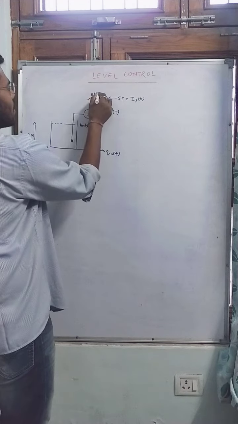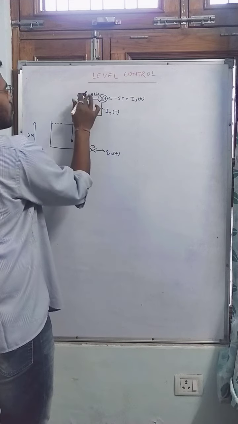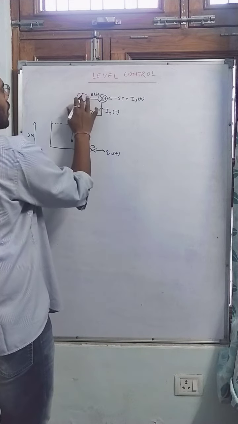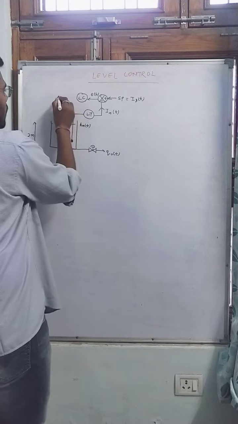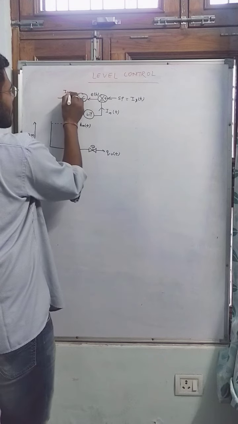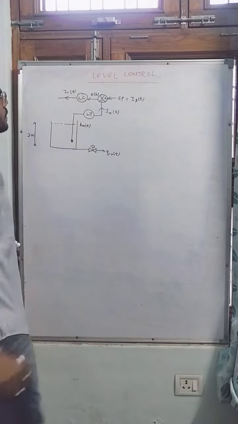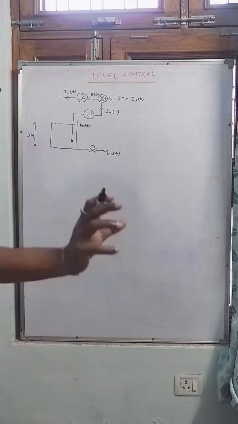This is our error. The error will go to the level controller, LC. Now the level controller will also generate some controller current ICT. This ICT will depend on the error, how much error we are getting.